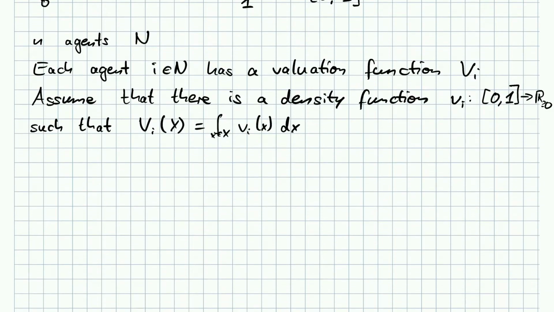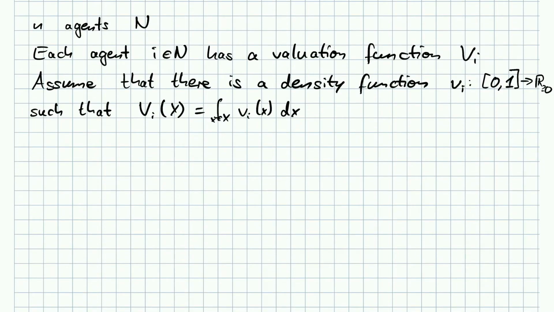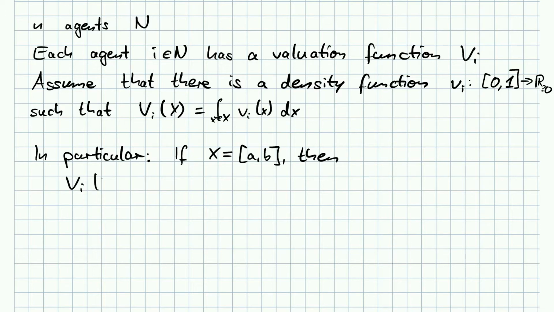So in particular, if we're assigning you the interval from A to B, then your value for that will be just the integral from A to B of this small function v_i. So just integrating over this density.